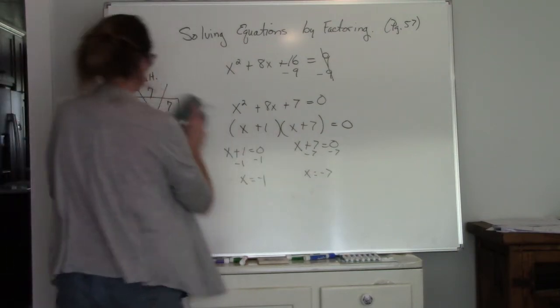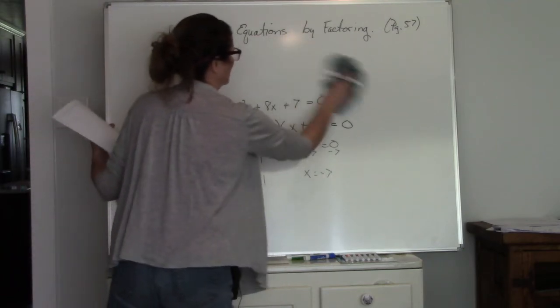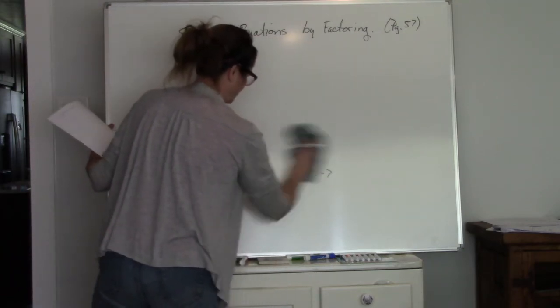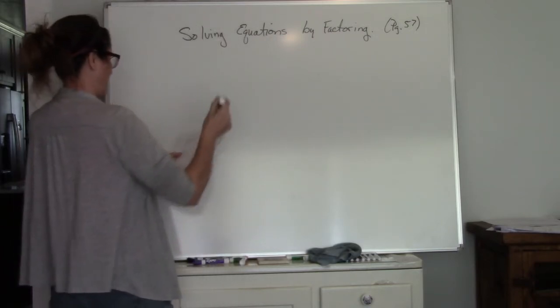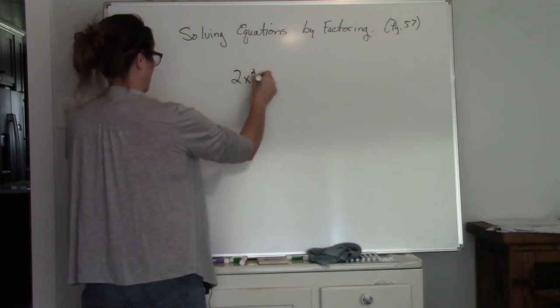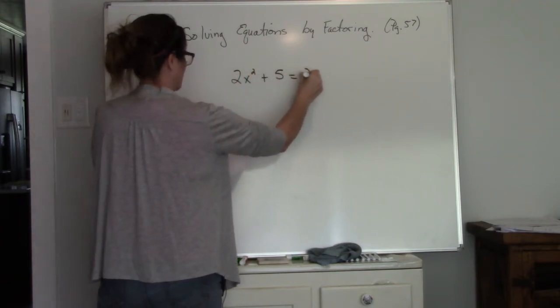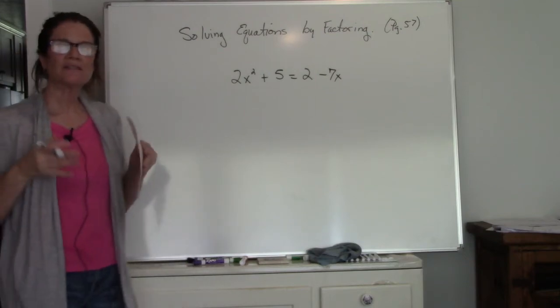Okay, so that was a trinomial. So let's try another one. So we have 2x squared plus 5 equals 2 minus 7x. So again, I want it set to 0.